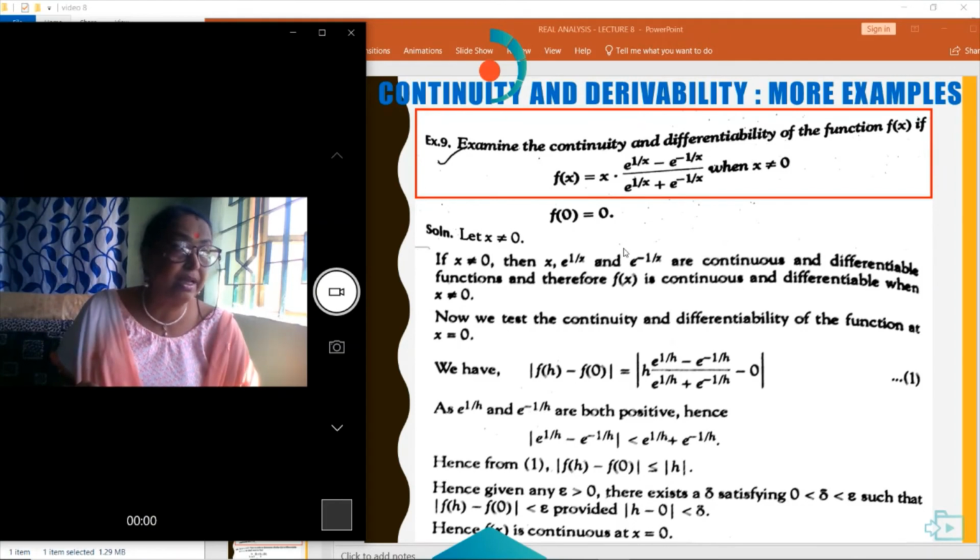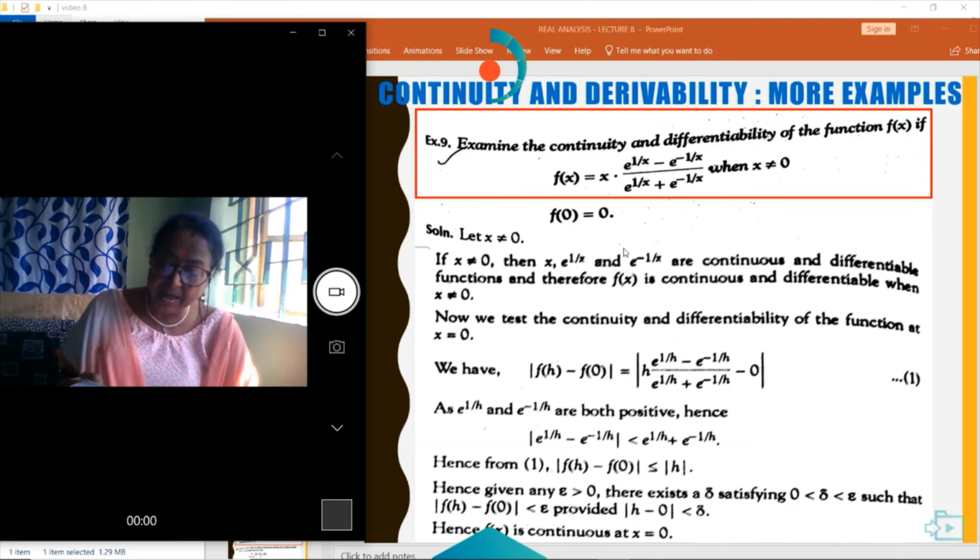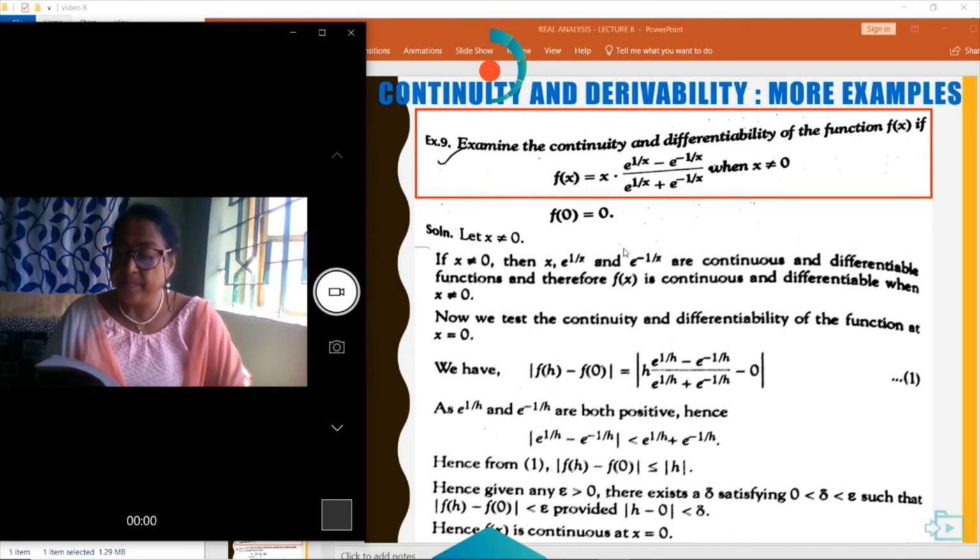So we know the modulus of e^(1/h) - e^(-1/h) is less than or equal to e^(1/h) + e^(-1/h). Hence, |f(h) - f(0)| is less than or equal to |h|.